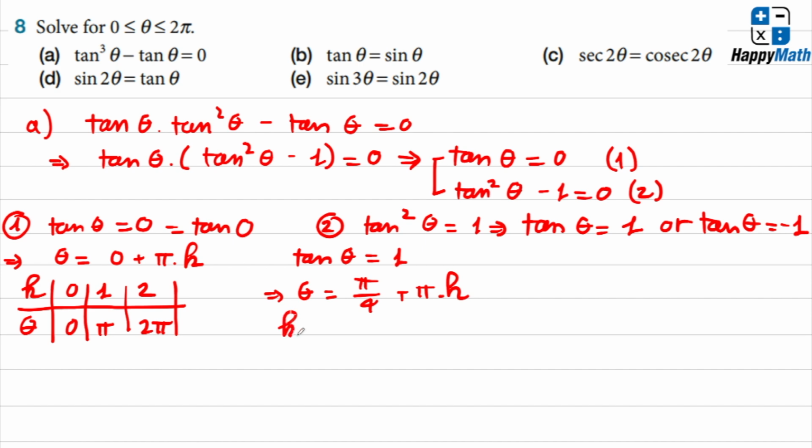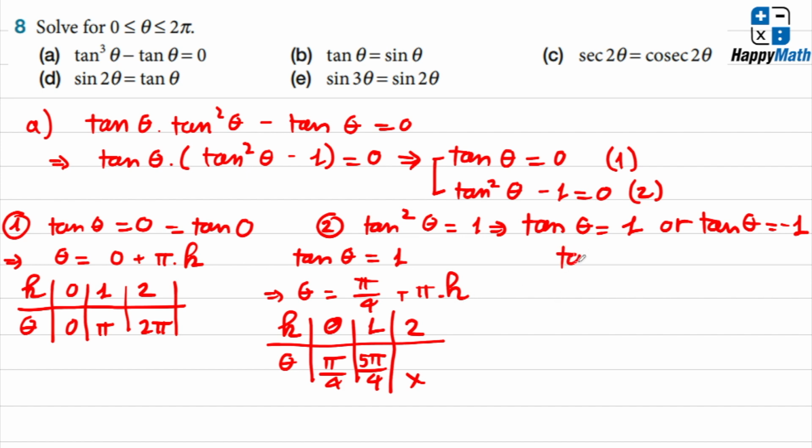For this equation, I think it's quite short. You only have two possible values for k. The first one is 0, theta will be pi over 4, and the second one is 1, which means 5 pi over 4. Because if k is 2, theta will be larger than 2 pi, so we cannot take k equal to 2.